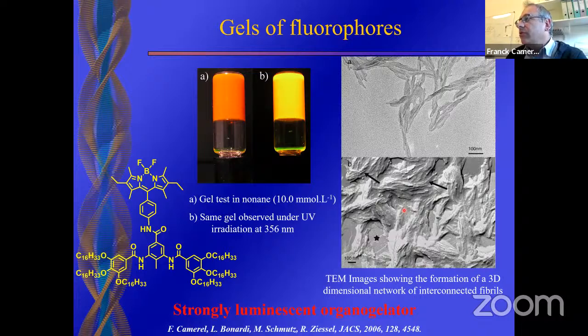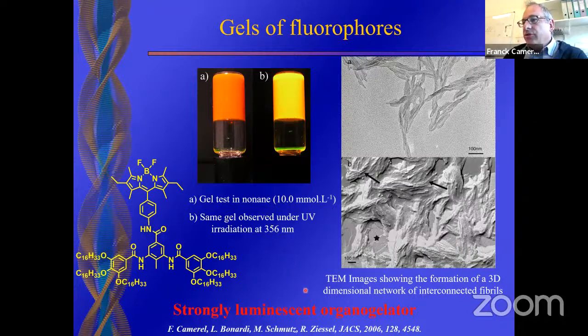It depends how they interact with each other. So here it's a normal transmission electron microscopy image, and here it's an image which has been obtained by cryofracture. So this is another technique to directly obtain the morphology of the gel with the solvent.